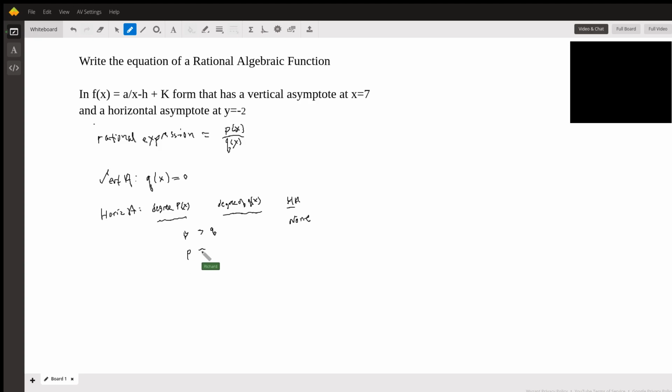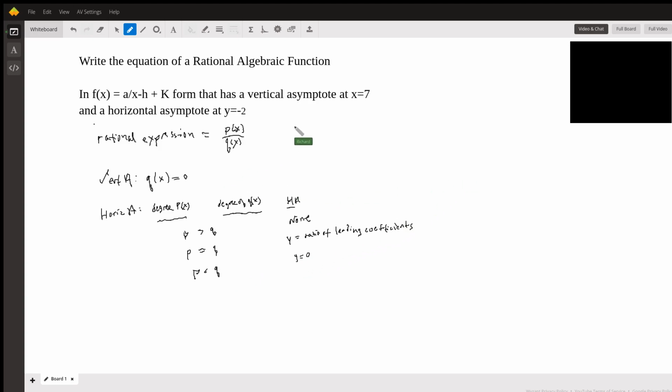If the degree of P is equal to the degree of Q, the horizontal asymptote is y equals the ratio of leading coefficients. And if the degree of P is less than the degree of Q, the horizontal asymptote is y equals 0.